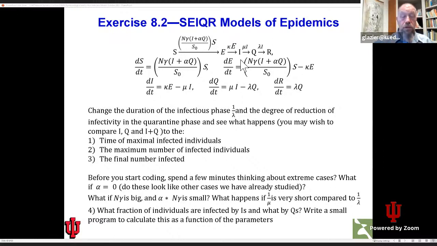In this case, that would be mu. And you might think about the differences. The total number infected depends only on R naught, but the timing of the infection will depend on N gamma and mu separately. So you might want to think about that.